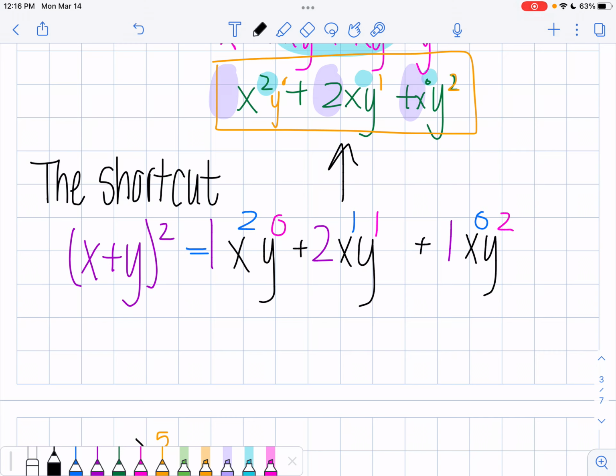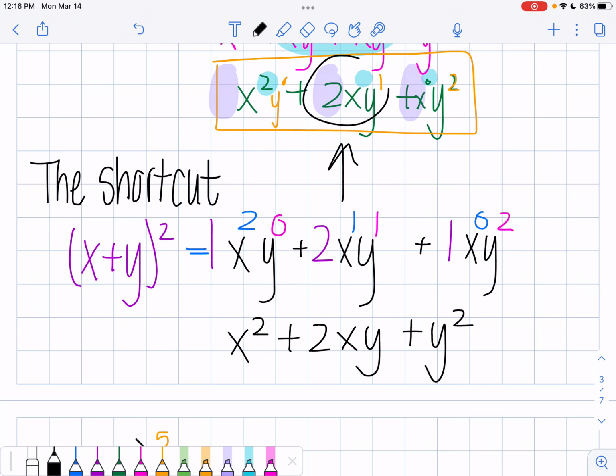And you can leave your answer like this, or you can simplify it to give you this. Either way, you get the same thing. So that's how come it works. That's why we have to have these coefficients here, because we do end up with like terms, and it tells us how many like terms we have of each kind.